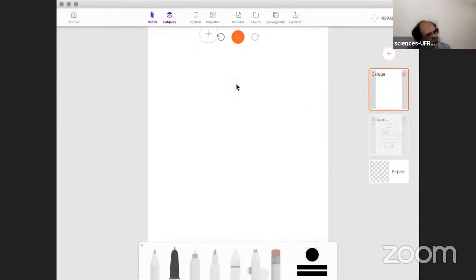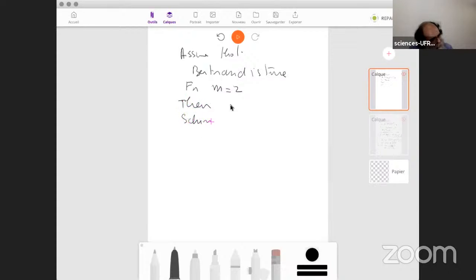Assume that Bertrand is true for m equals 2. Then Schinzel-Zassenhaus is true.